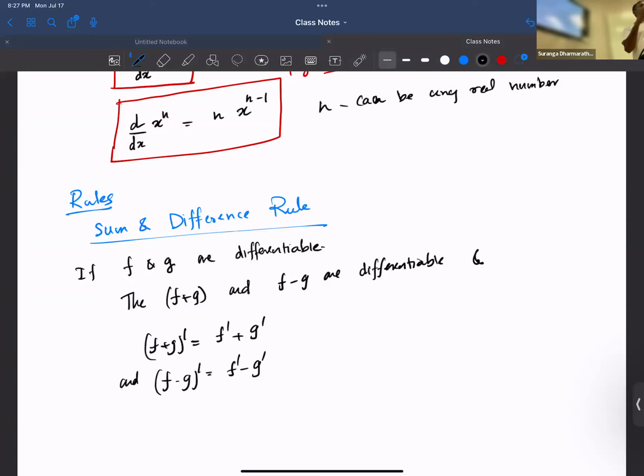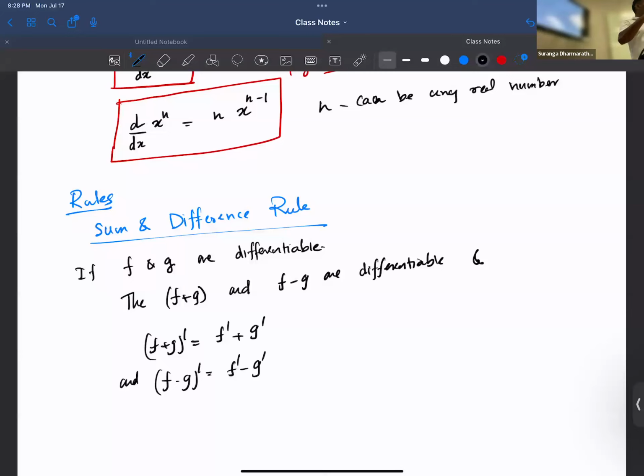Now what you can do is add two functions and make a complex function. If those two functions are differentiable individually, their summation is also differentiable. And the derivative of the summation is equal to the summation of the derivatives.